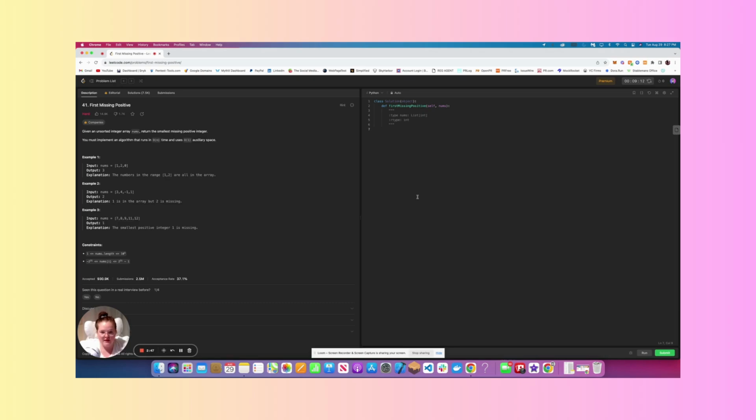And then from here we will go into finding the first index where nums[i] is not 1 plus i.